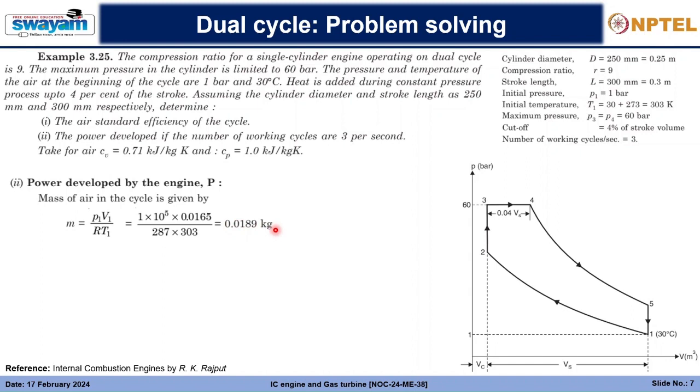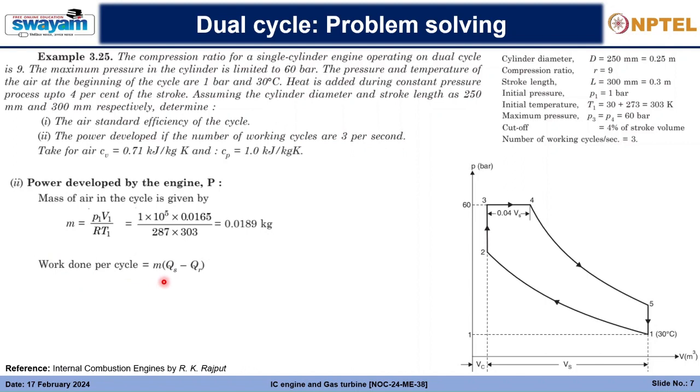But we need to find the power, which is a rate of work done. So if a rate is given, then we will have to see what is the mass flow rate, not the entire mass which is present. So accordingly, we'll have to find the mass flow rate, which we will do later.